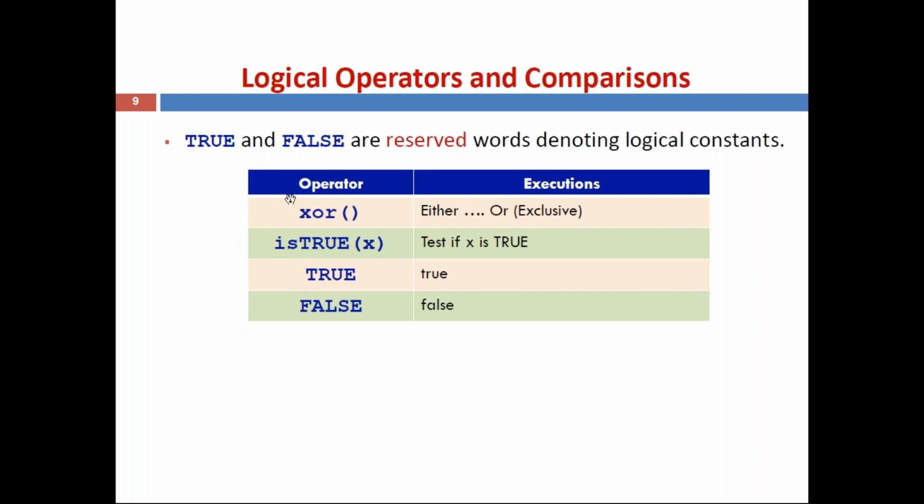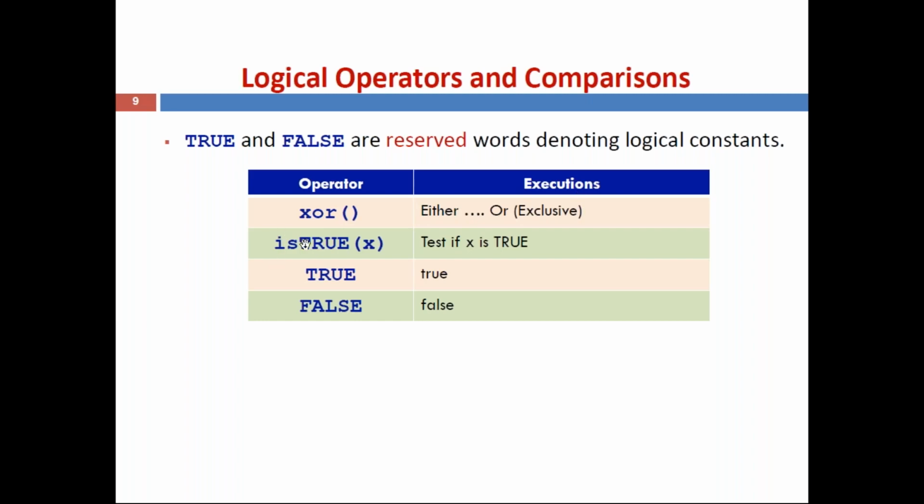Whenever you use these terms, the equivalent results will be displayed. The first one is XOR, which is a function. You must use brackets. It gives either-or, the exclusive operation, as it is called.